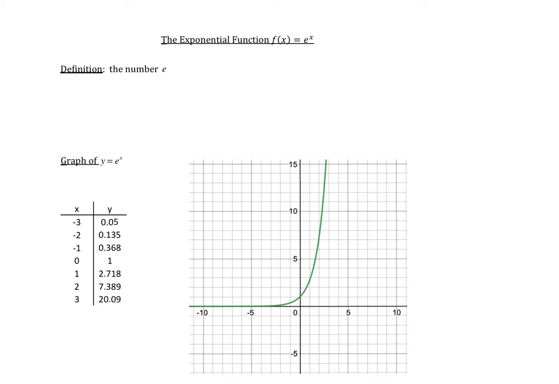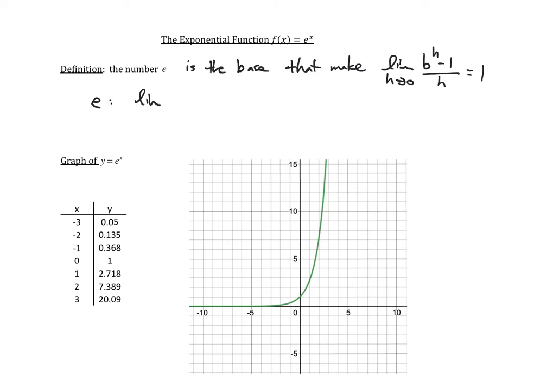This number e is the base that makes the limit as h goes to 0 of b to the h minus 1 divided by h equal to 1. In other words, e is that number such that the limit as h goes to 0 of e to the h minus 1 over h is equal to 1.